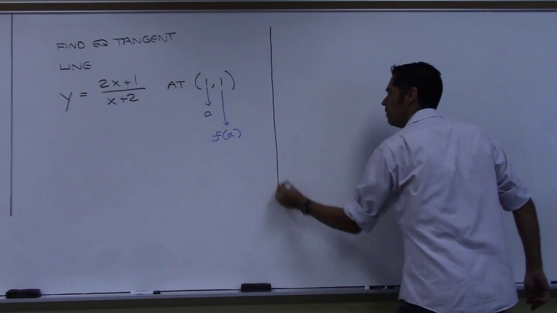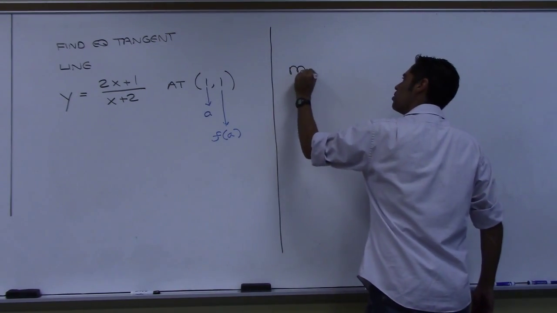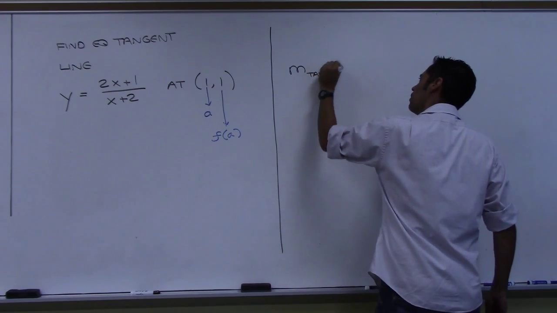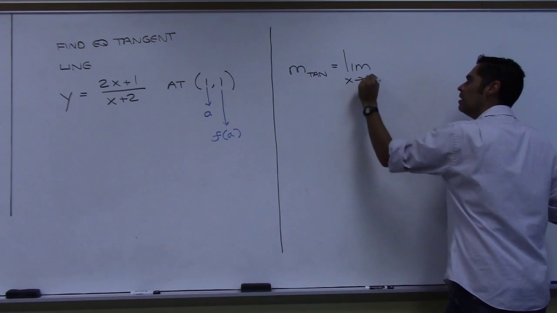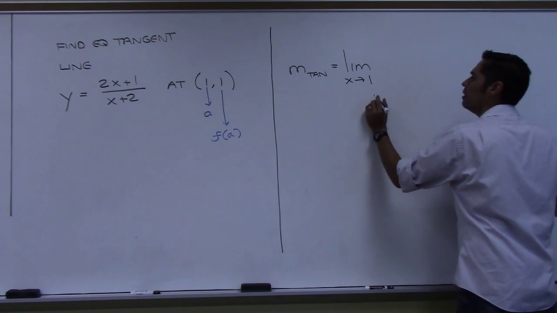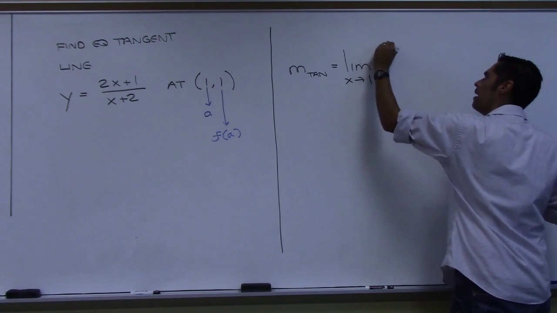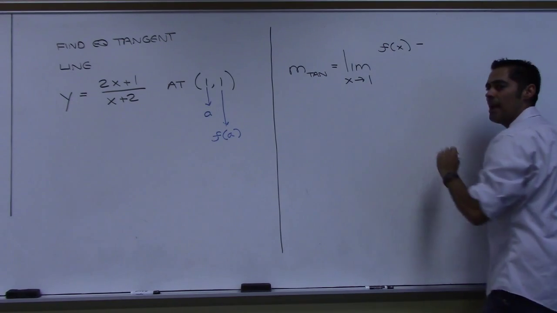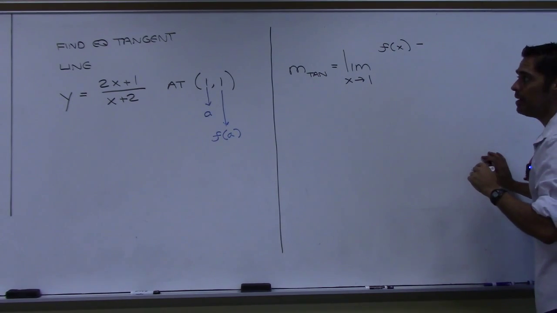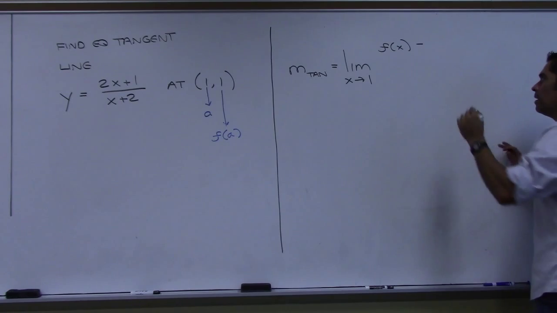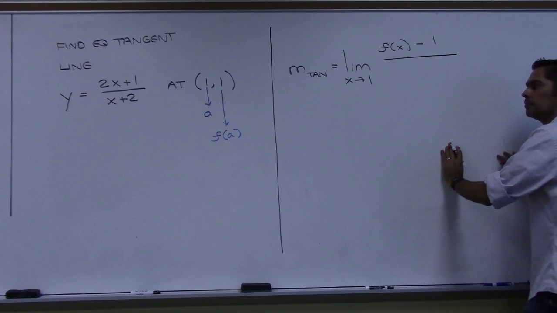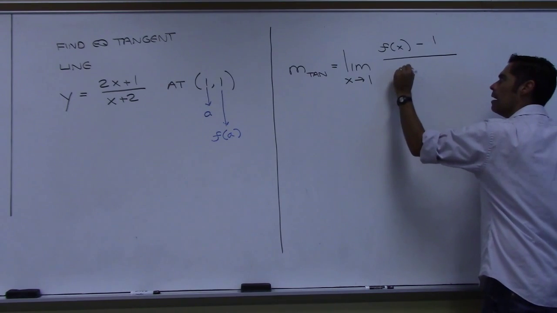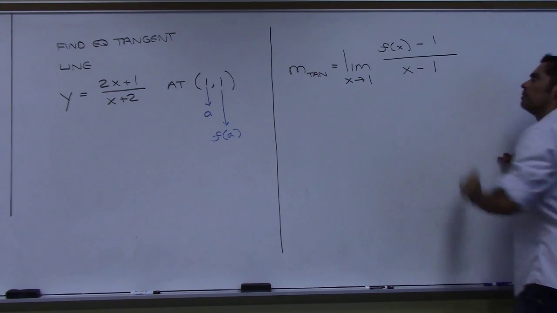Let's go after that limit. The slope of the tangent line is equal to the limit as x approaches, in this case, 1 of f of x minus f of a. What's f of a? 1. They already told us 1. Over x minus 1.